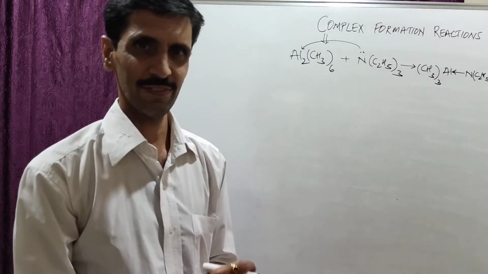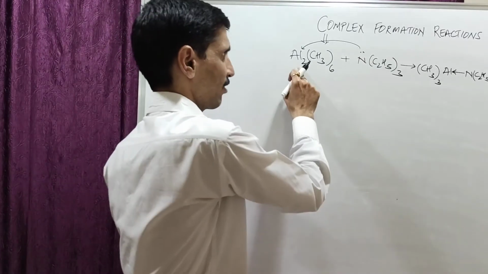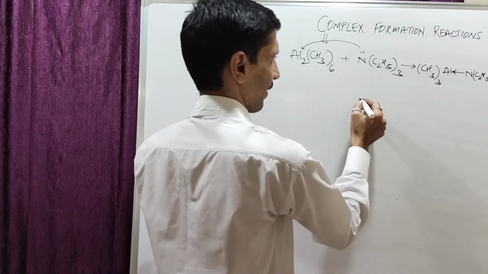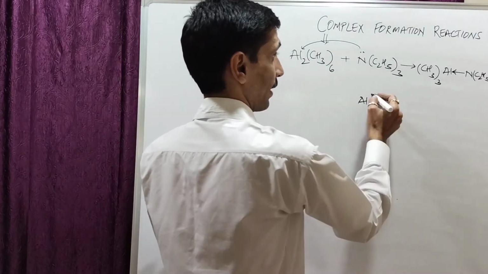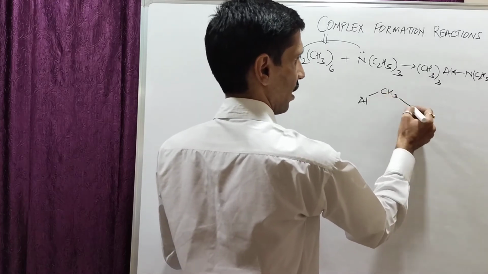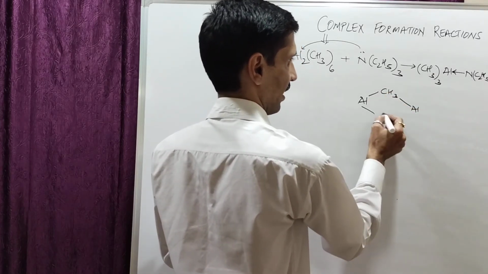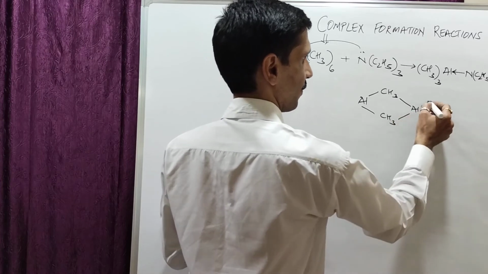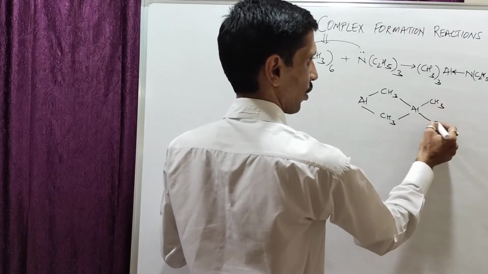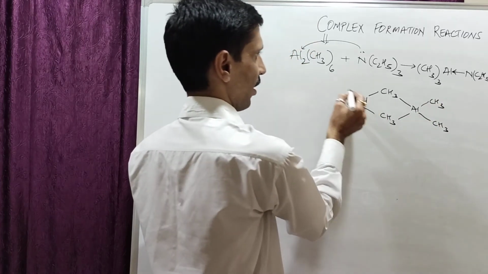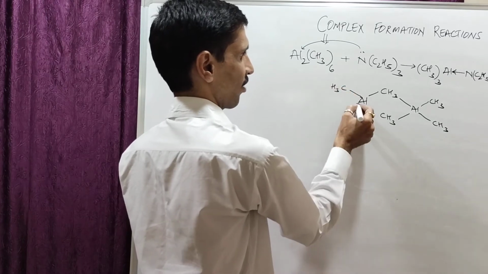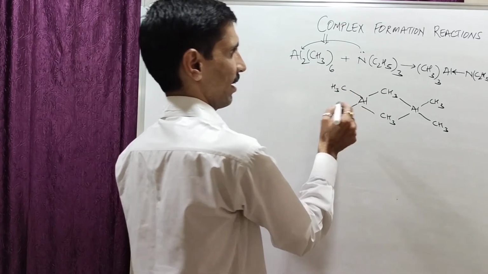Now what this reaction actually suggests, my dear friends, is, I'll first of all explain to you the structure of this, how exactly it is, so that you are in a better position to understand how the reaction actually takes place, and how we are going to account for the bond strength.